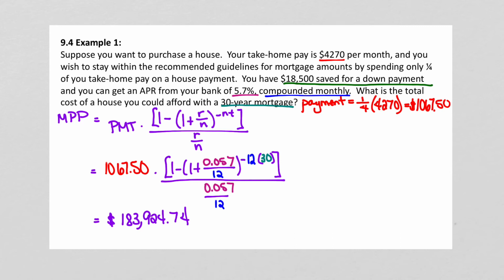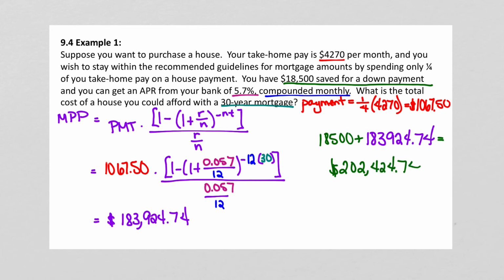So our actual maximum purchase price would be $18,500 plus what we just found, $183,924.74. And so it comes up to be, oh, my computer just turned off, where I had my numbers, $202,424.74 is how much you could afford to pay for your house.